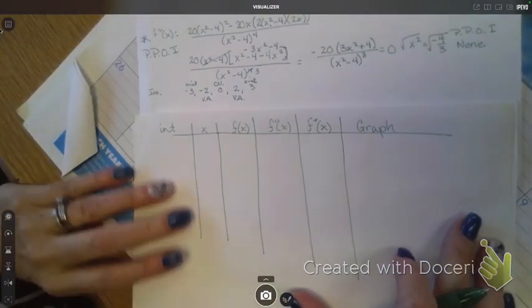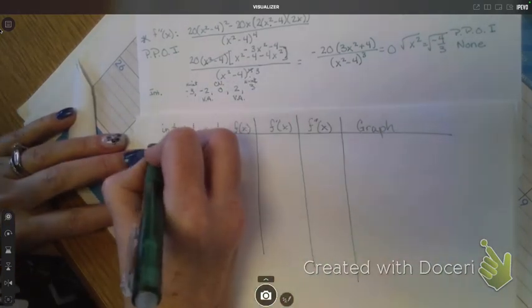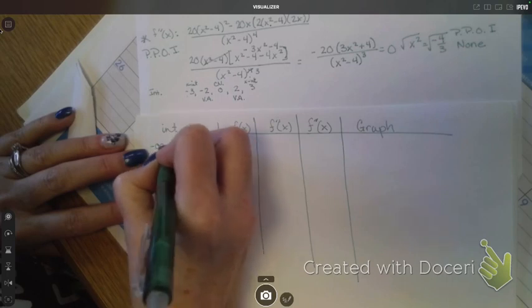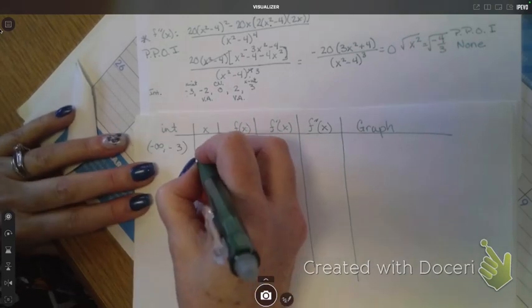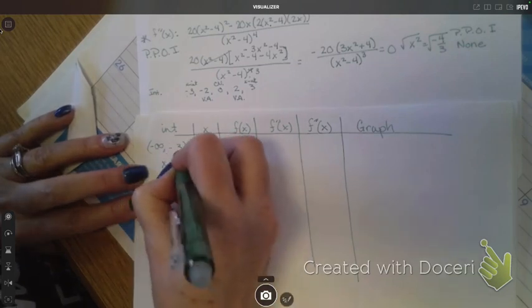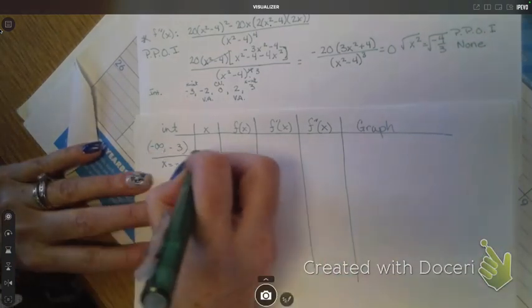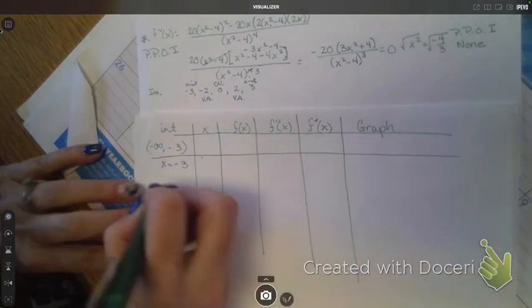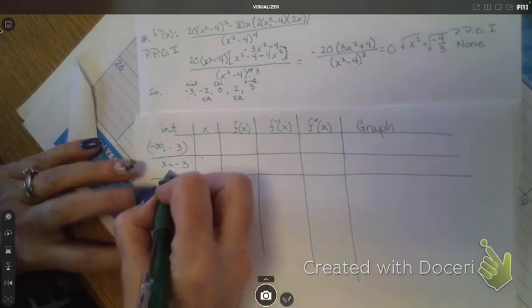When we made it, we're going to go negative infinity to -3. And then -3. Okay, and that was an x-intercept.